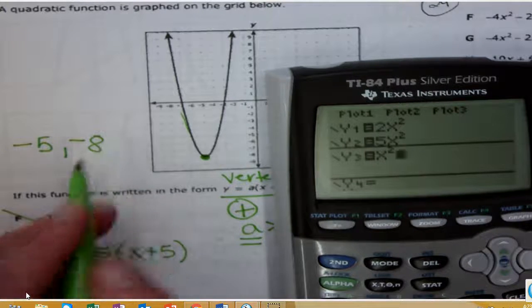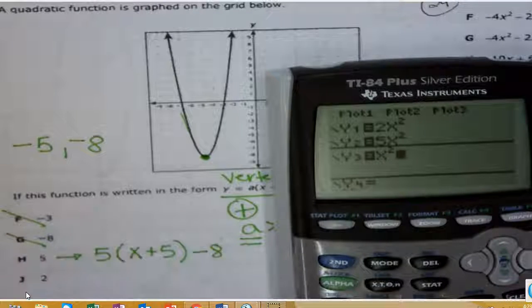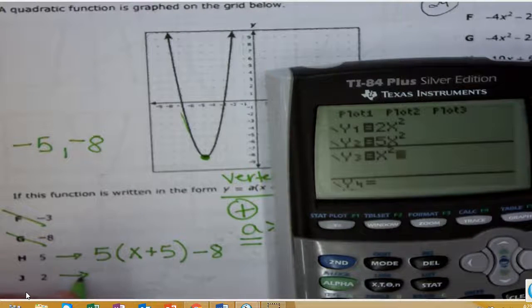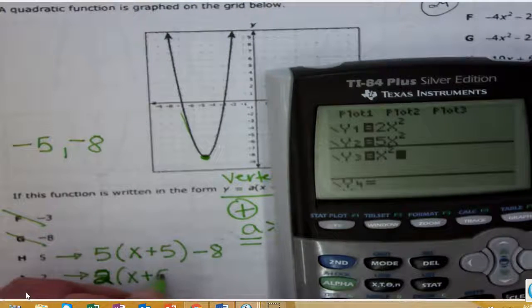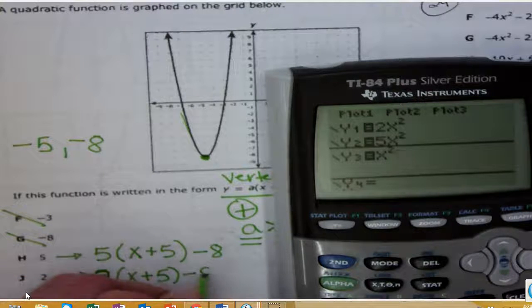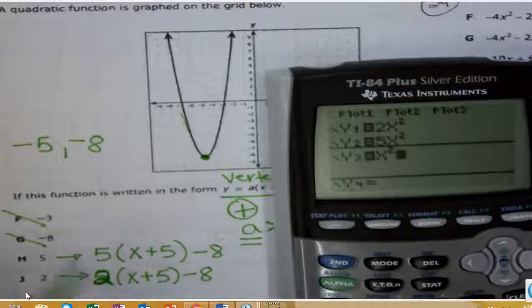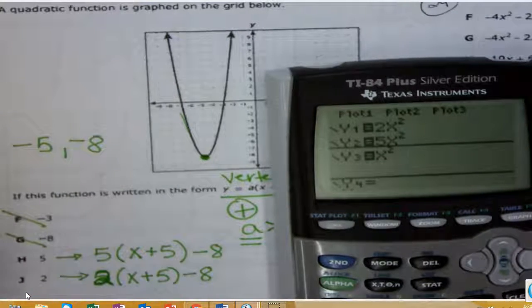Because it's moved to the left 5 and it's gone down 8. Or it could be 2, I've moved it over 5, down 8. So these are the two equations that I'm trying to figure out which of these graphs is.